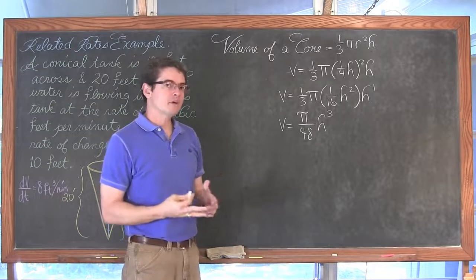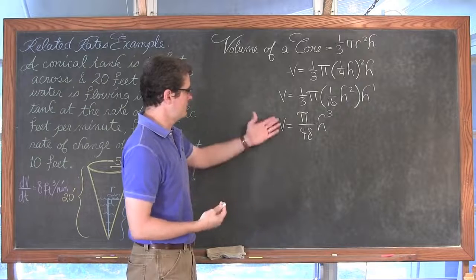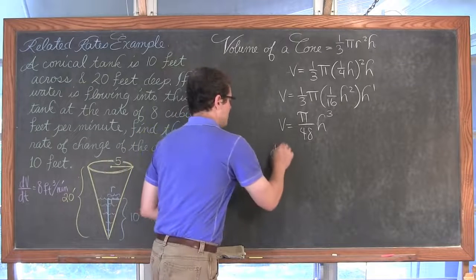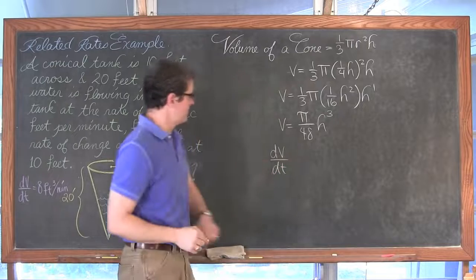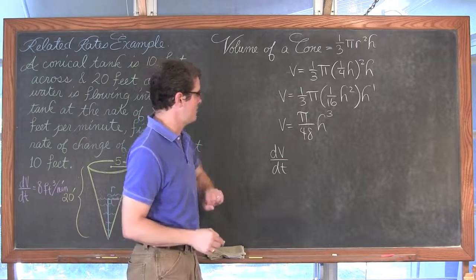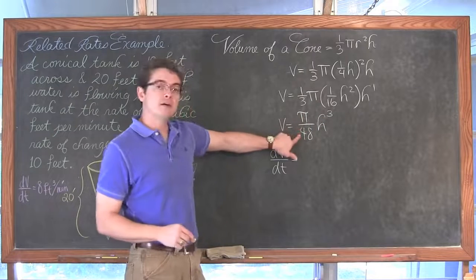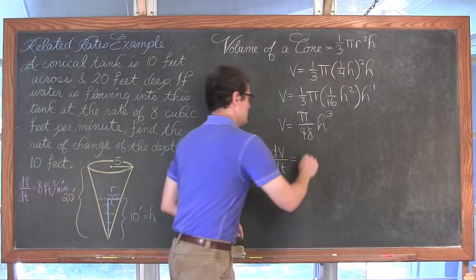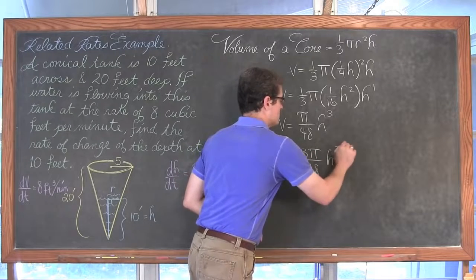Now, when I find the derivative, I'm only going to have a variable of the volume or the rate of change. So dV/dt, the derivative of volume with respect to time, or the change of volume over the respective time. 3 times pi over 48 is going to be 3 pi over 48 times h squared.